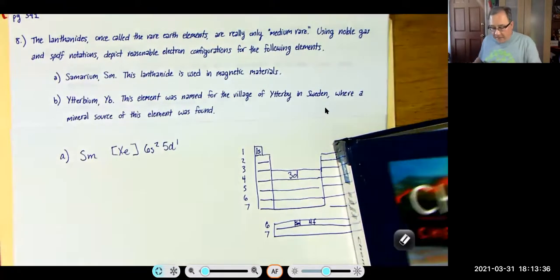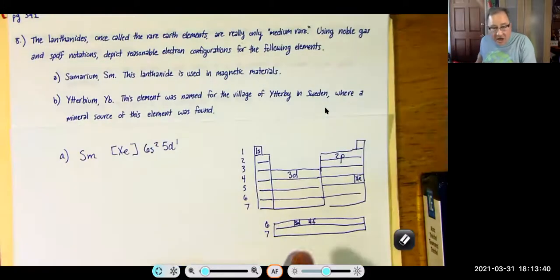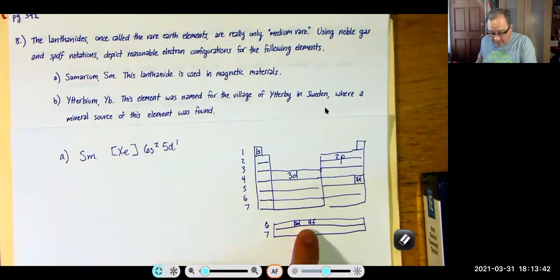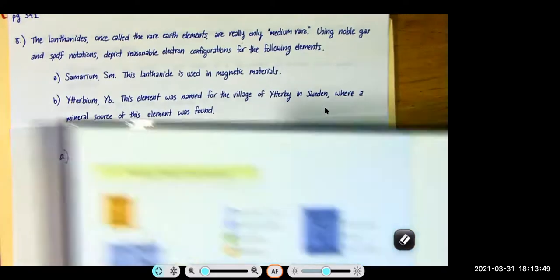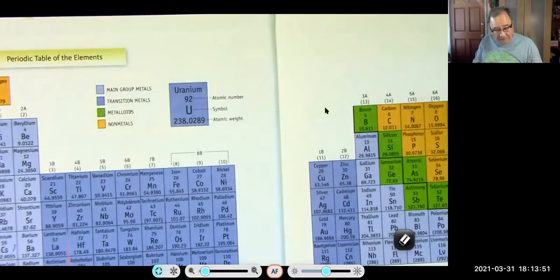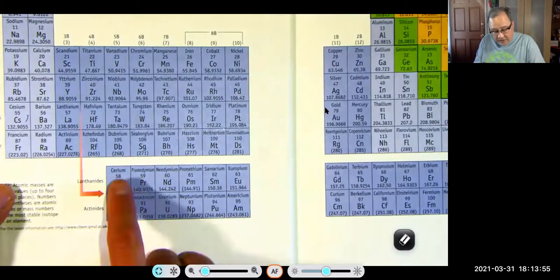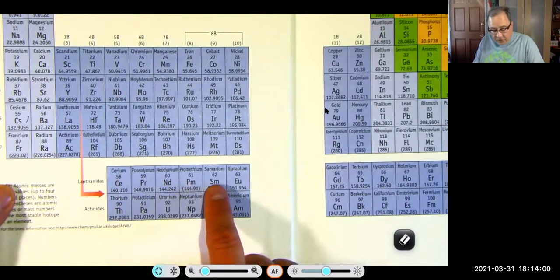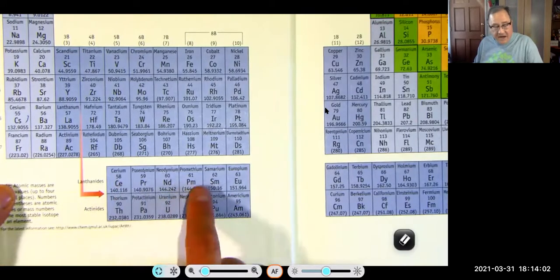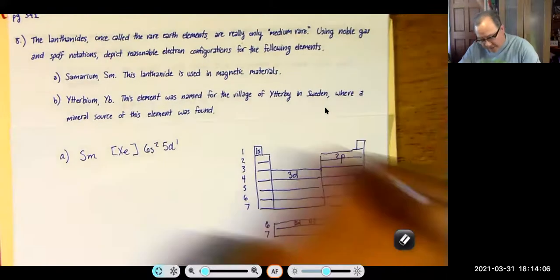And now we're going down below. If we go down below, do you see how the top row is called 4F and the bottom one is 5F? Right. So we're going to call these 4F down below here, and we're going to count 1, 2, 3, 4, 5. So we're going to say 4F5. But we're not done.